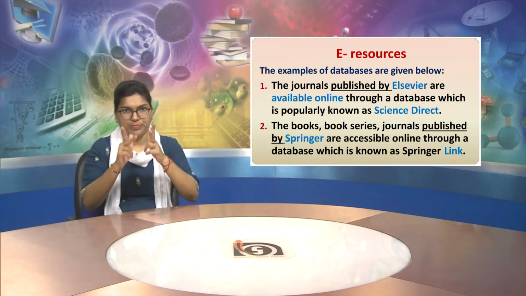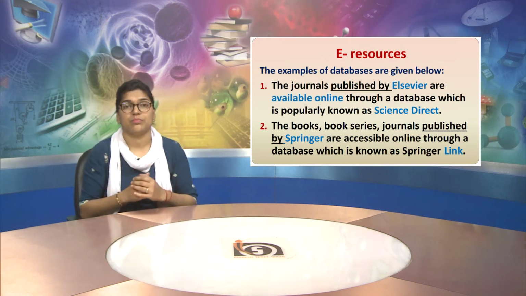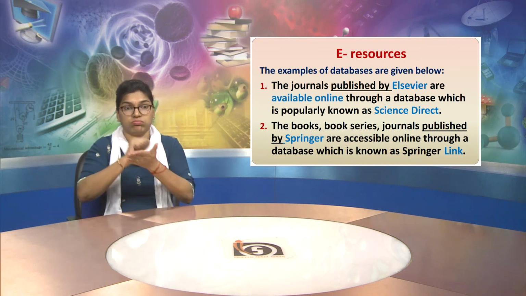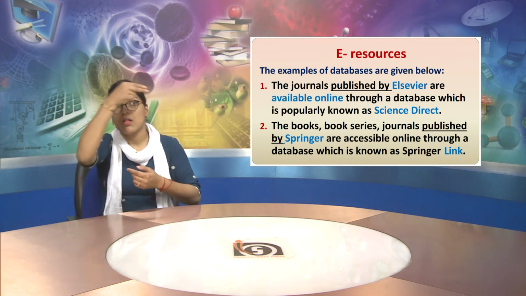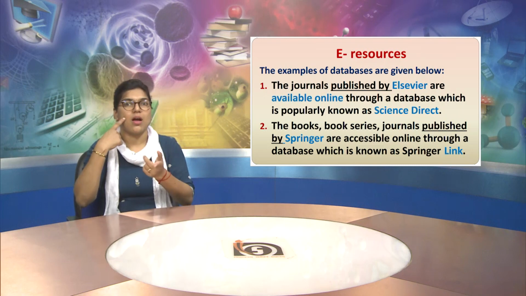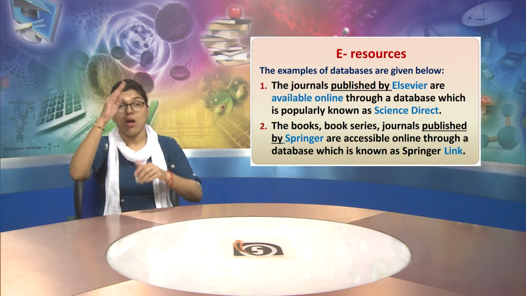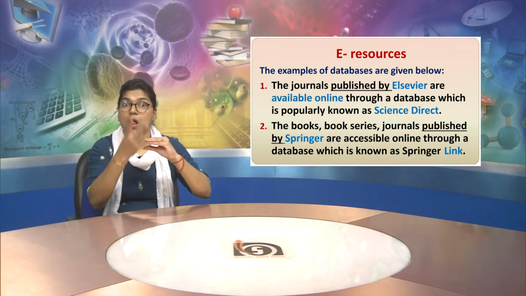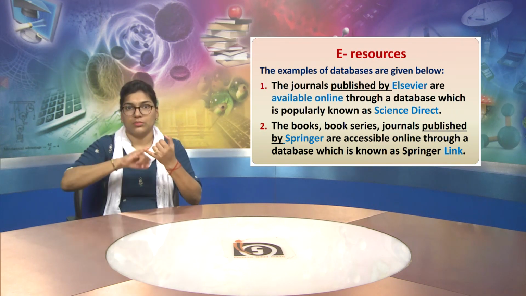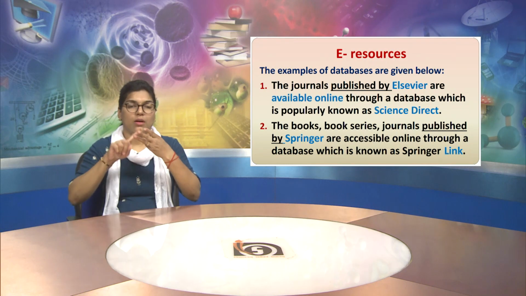Let us now understand e-resources with some examples. The journals published by Elsevier are available online through a database which is popularly known as Science Direct.